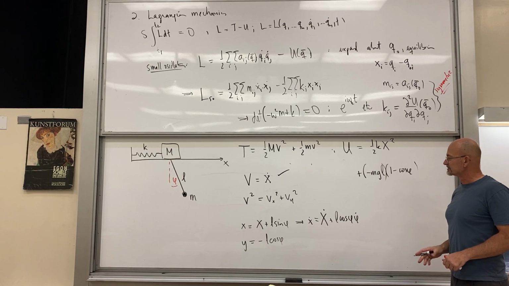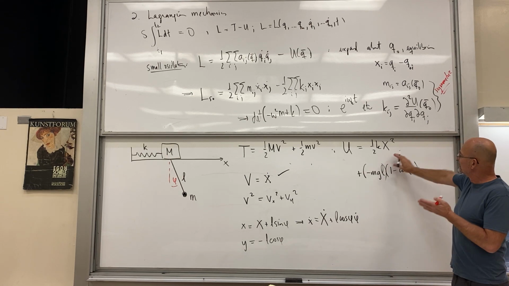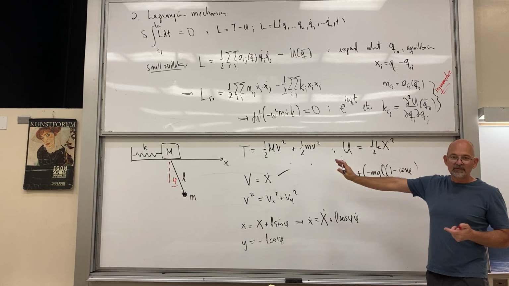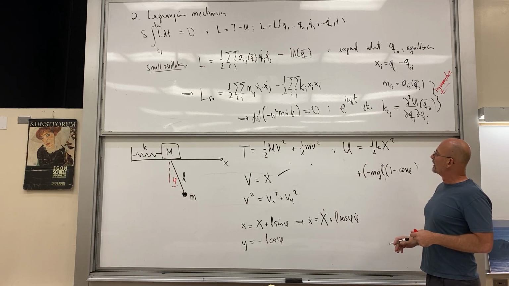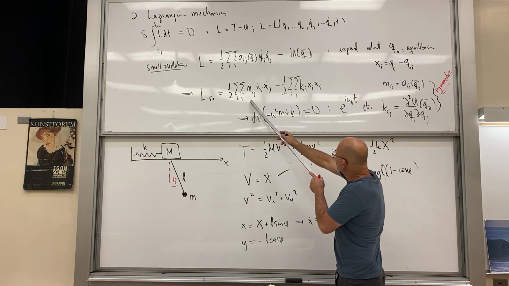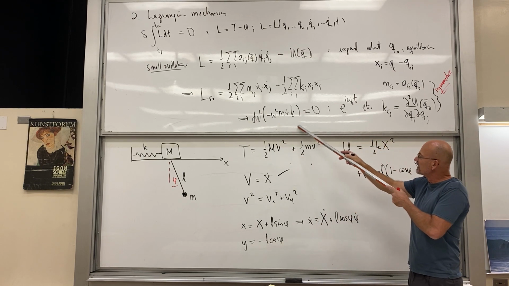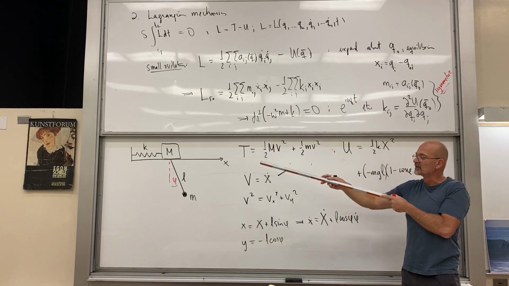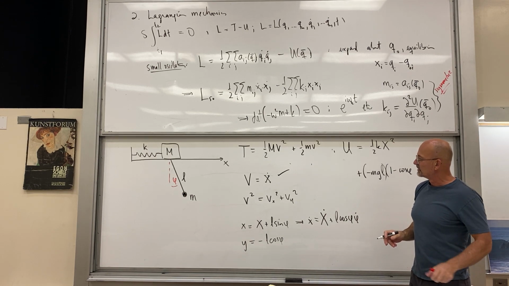Okay. So this is how you got started on this one. I think we've seen this problem before. And you can eventually take it into this form here, and then you can get the frequency of small oscillations. We'll have two frequencies, 2 degrees of freedom.